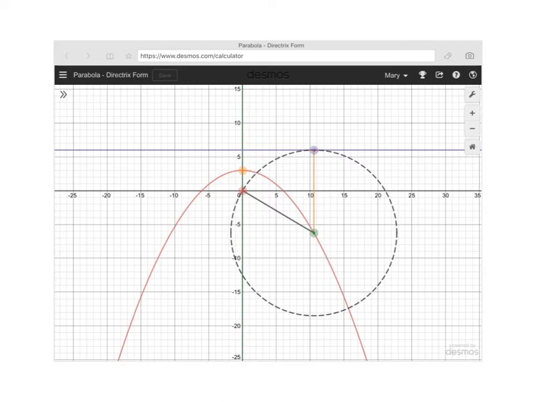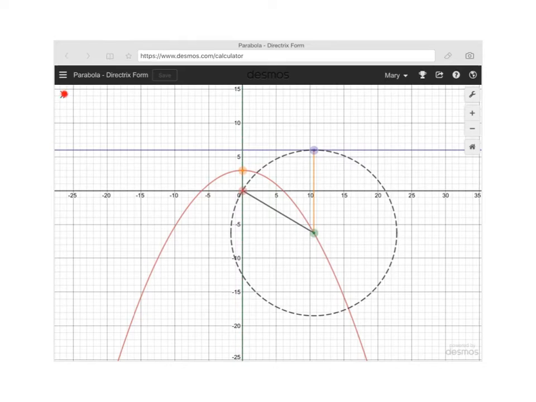This purple line has a name. It's called the Directrix. So this black line that goes from the focus out to the point on the parabola is the same as the distance from the point on the parabola directly to the Directrix. Using that circle and the radius of that circle is how we get the equation of the parabola.